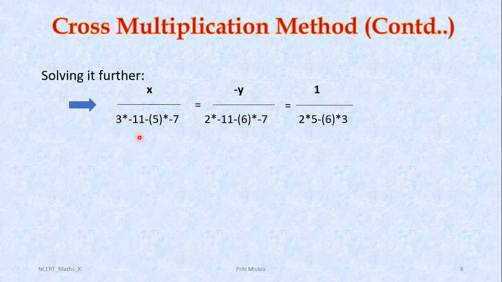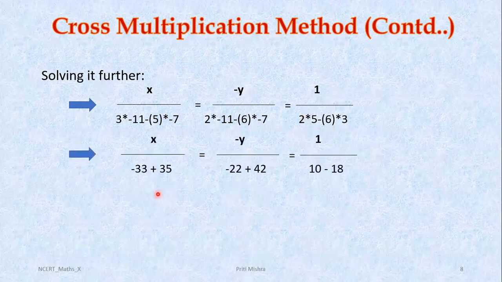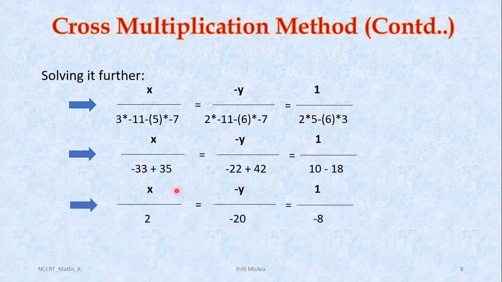X upon 3 into minus 11 minus 5 into minus 7. Then minus y upon 2 into minus 11 minus 6 into minus 7. 1 upon 2 into 5 minus 6 into 3. So after simplification, x upon minus 33 plus 35, minus y upon minus 22 plus 42, 1 upon 10 minus 18. It will be x upon 2, minus y upon minus 20 and 1 upon minus 8.